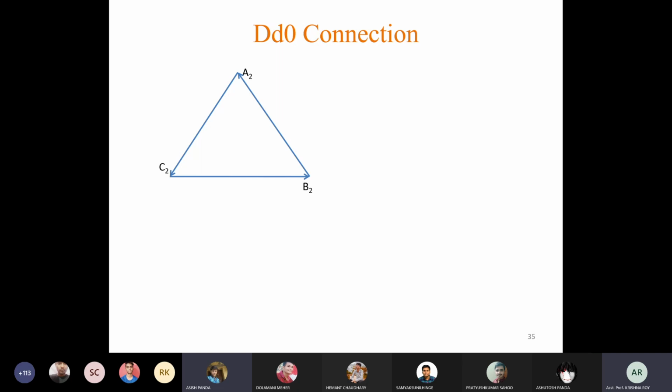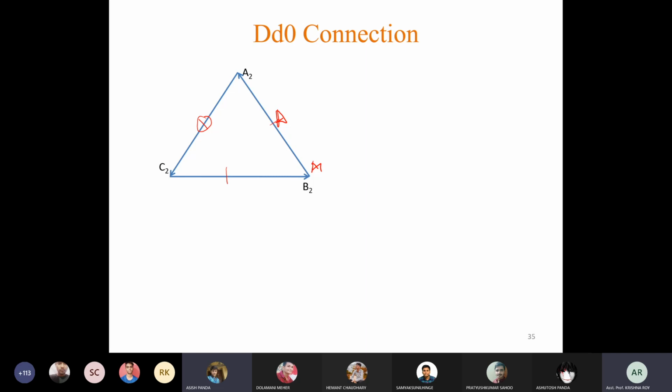We cannot say this is A phase, this is B phase and this is C phase. We have two options. See, if it is A1 terminal, then only this will be A phase. But if it is A1 terminal, then this can also be A phase. Okay. So first of all, we have to fix the three vertices, then we have to fix the phases, then we have to draw the secondary side.